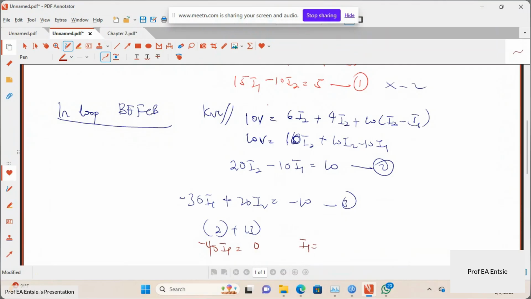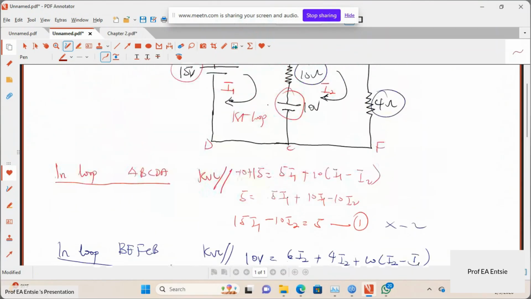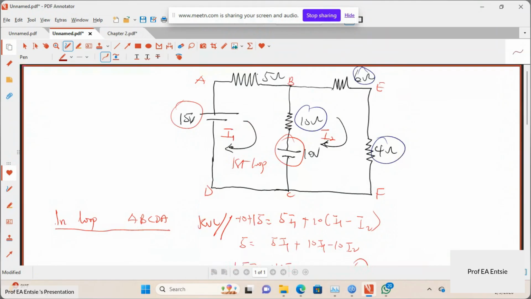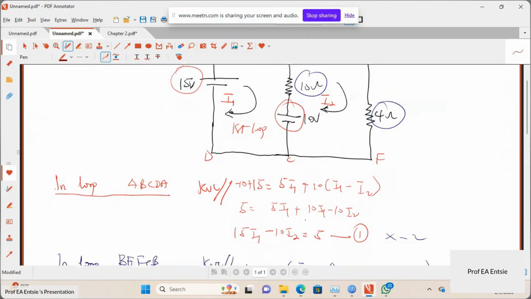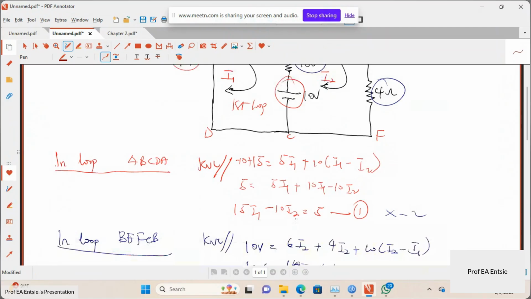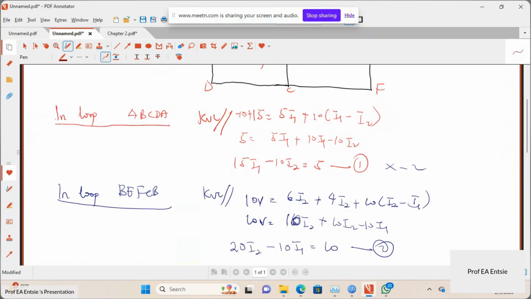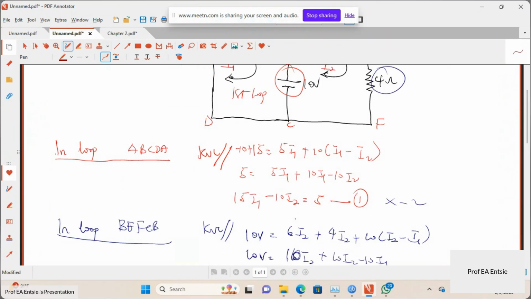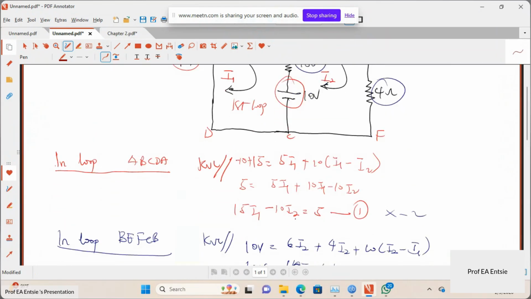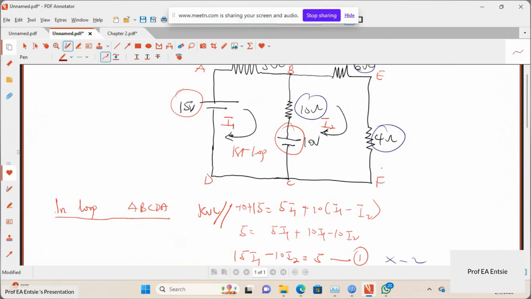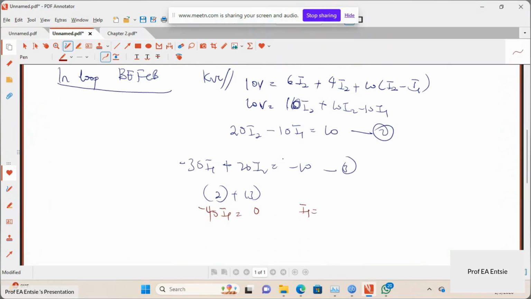So let me see whether I missed something out. So 15 minus 10 is 5. 5I1 plus 10I1 minus I2, that is 15I1 minus 10I2 equals 5. Then let me check equation 2. Positive 10 equals 10I2 minus I1 plus 6I2.